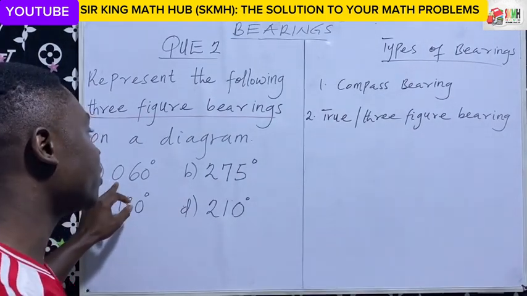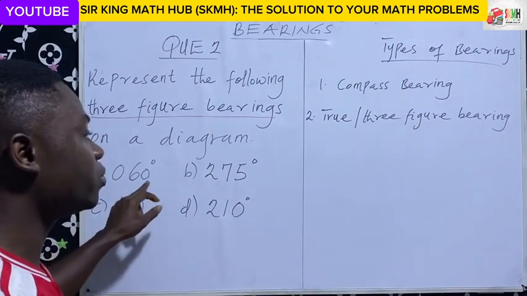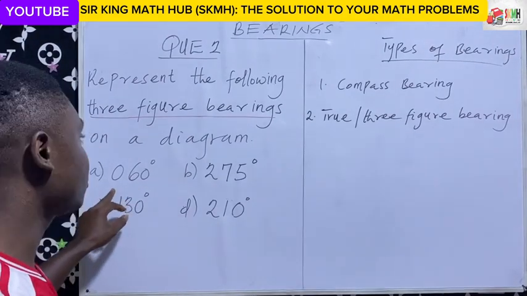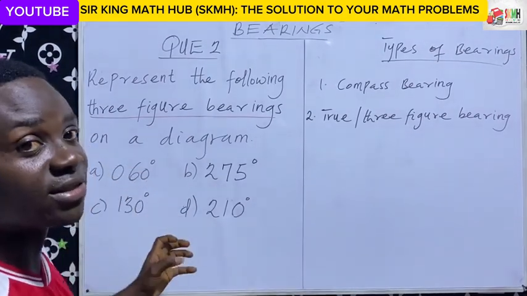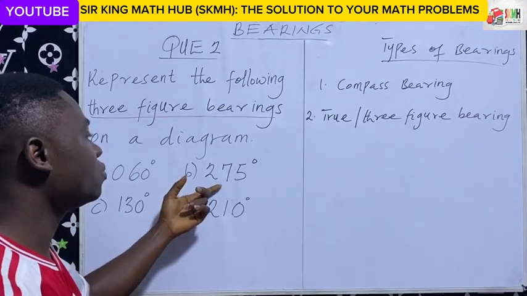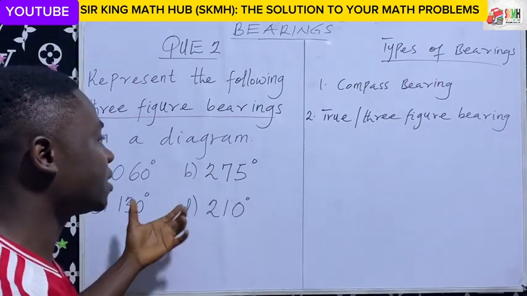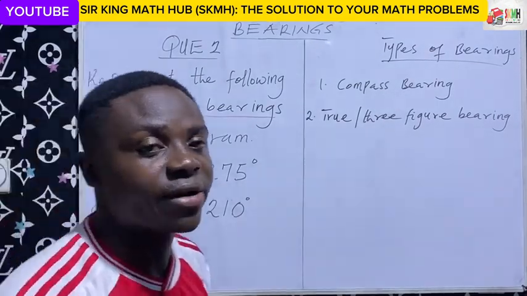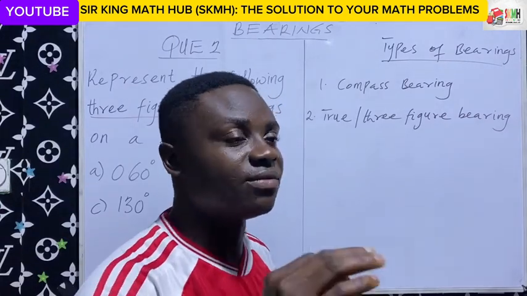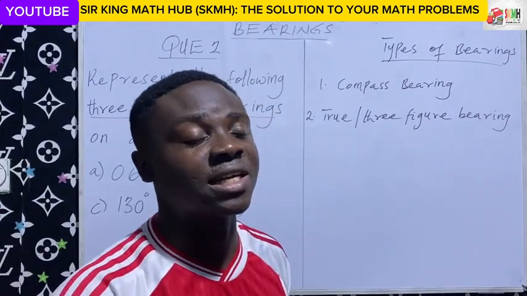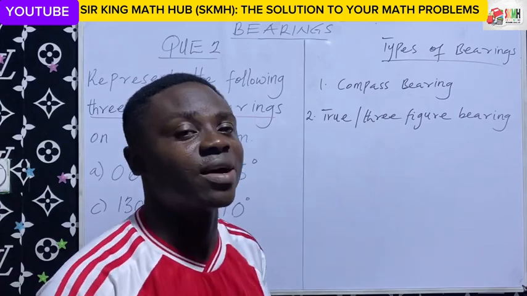We included 0 so that the figures will be 3, but the value is still 60 degrees. We have 275 degrees, so that is the 3 figure bearing. The bearing is given in terms of 3 figures. That is why we call it 3 figure bearing.